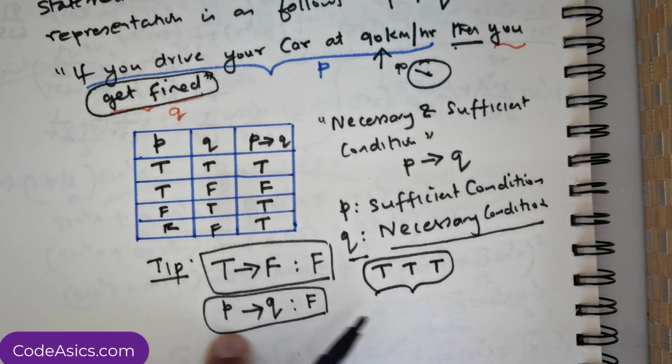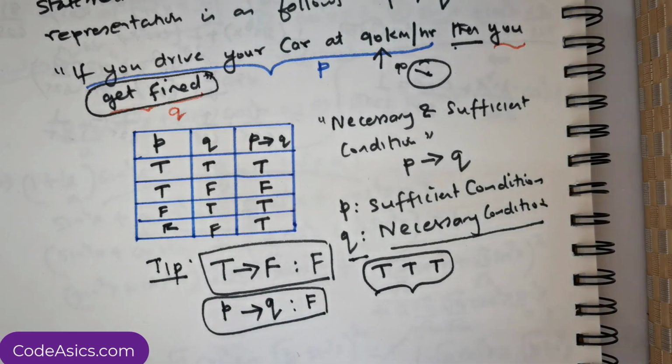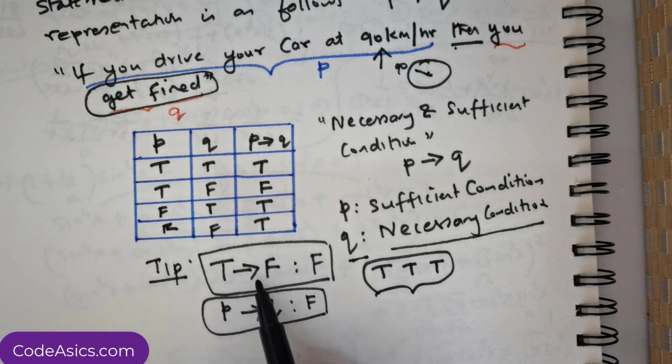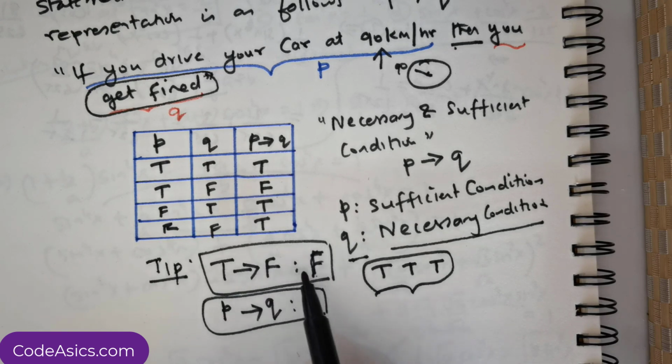So I will just demonstrate how exactly this is put in use. So the understanding is, if T then F, what is the outcome? The outcome is always going to be F. So you need to get this set.